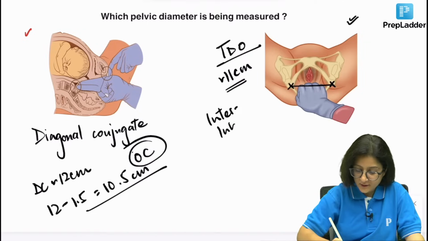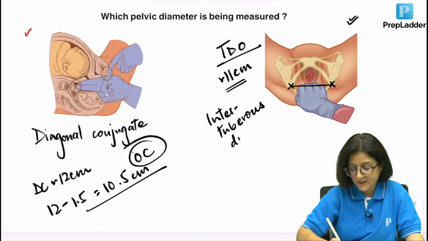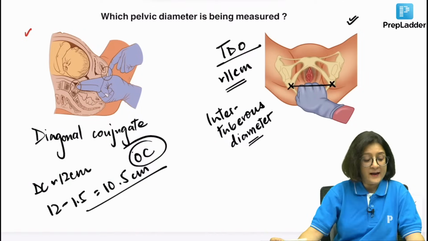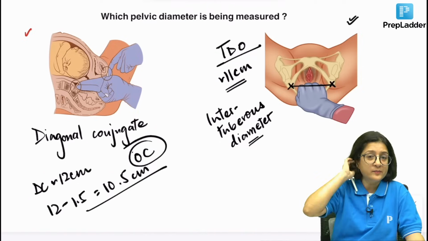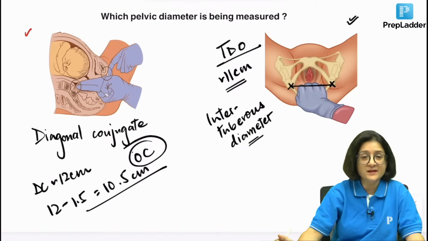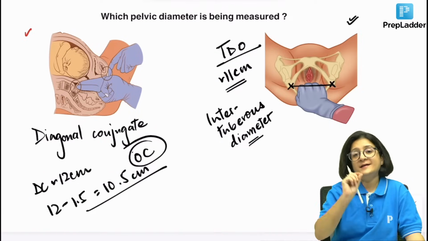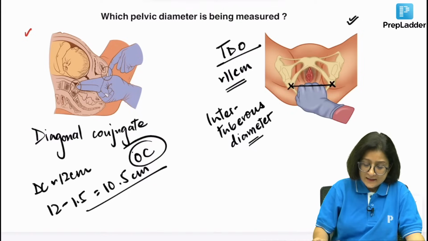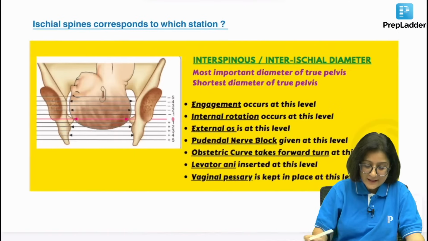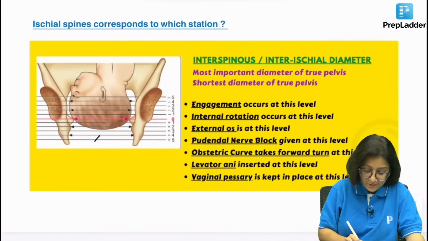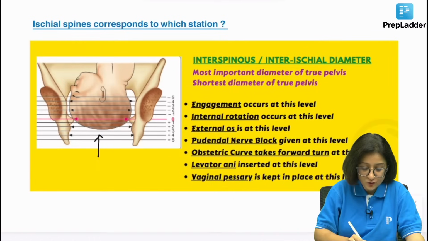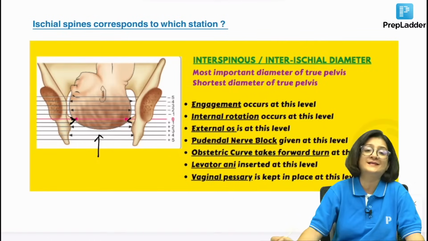So, intertuberous diameter. These are 2 important diameters which we clinically determine. Keep that in mind, right? And another diameter which you guys are talking about, interspinous diameter. That is the interischial spine diameter, right? This is something that we can assess clinically: we put our fingers inside, and when we are doing the pelvic examination, we try to touch the ischial spines, okay?